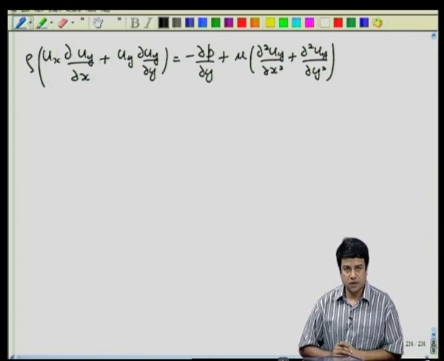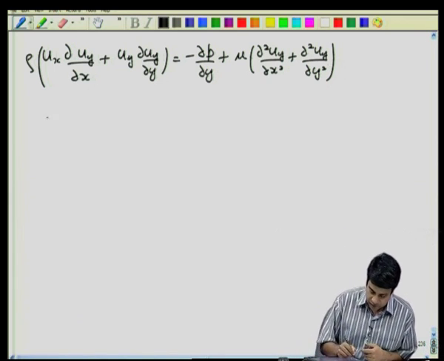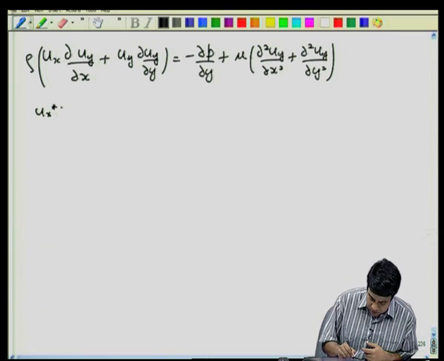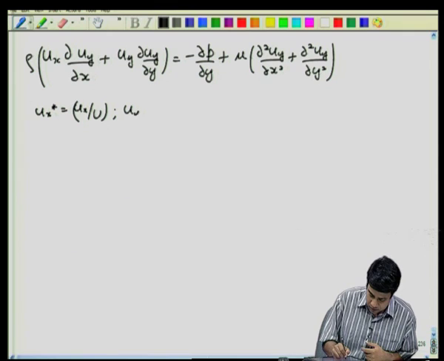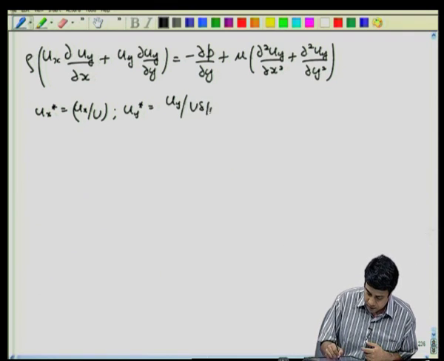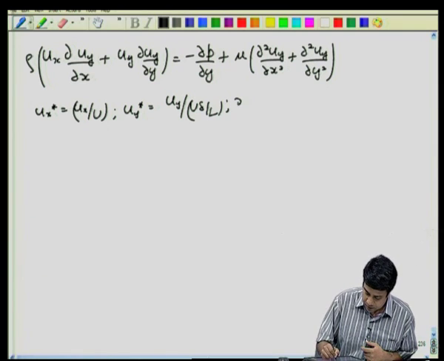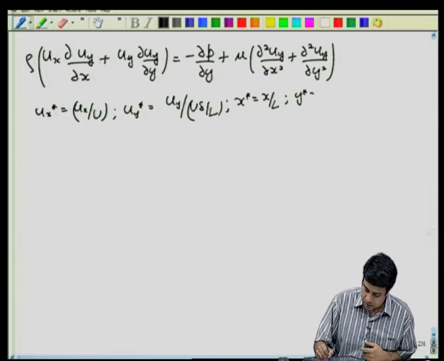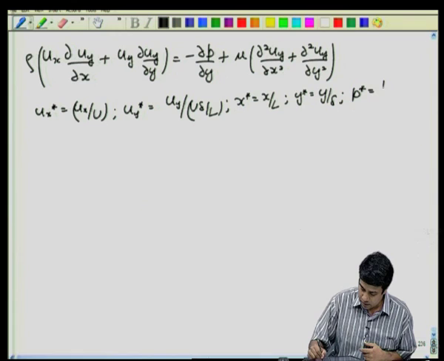Once again we express this in terms of the scaled variables. ux star is equal to ux by u, uy star is equal to uy by u delta by L, x star is equal to x by L, y star is equal to y by delta, and p star is equal to p by rho u squared.